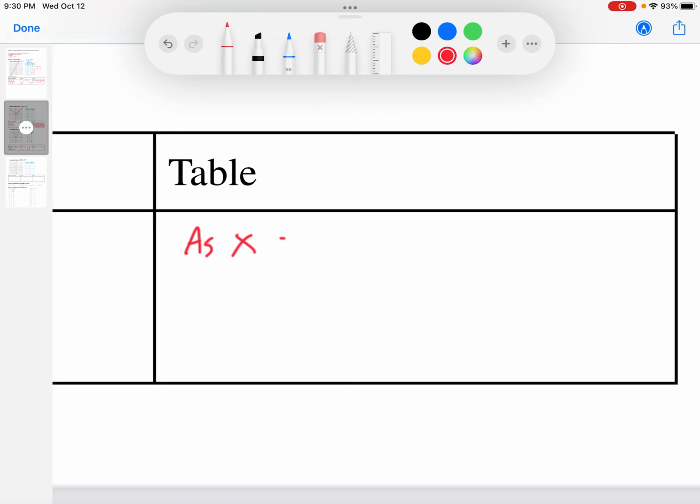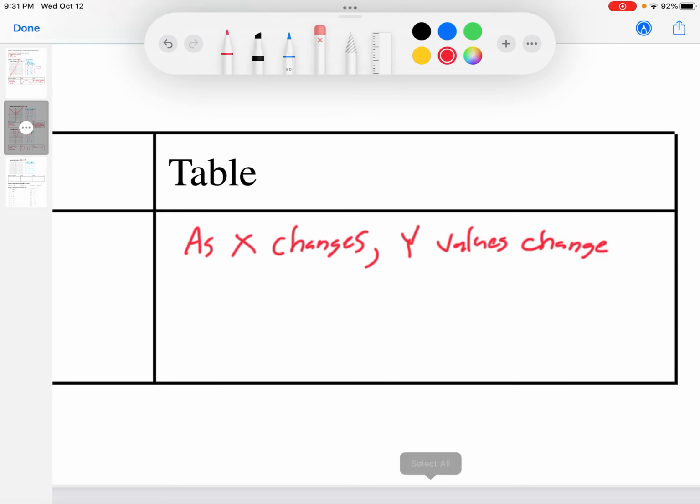You're going to say, as x changes, y values change by a common second difference.